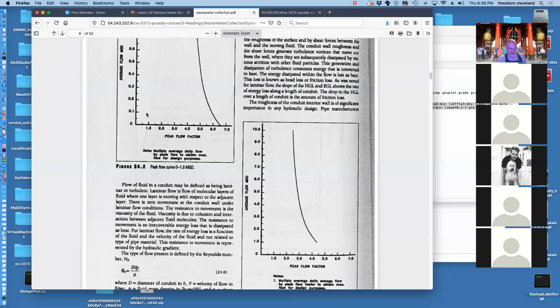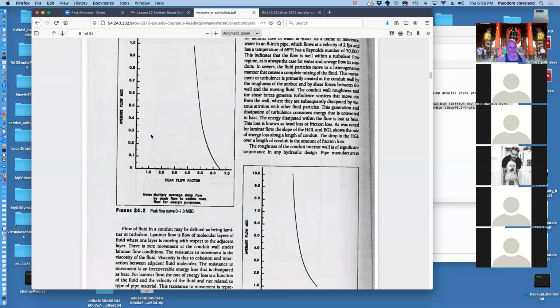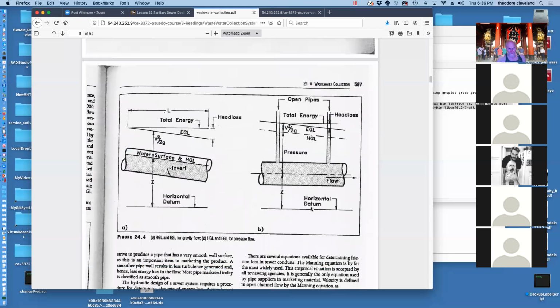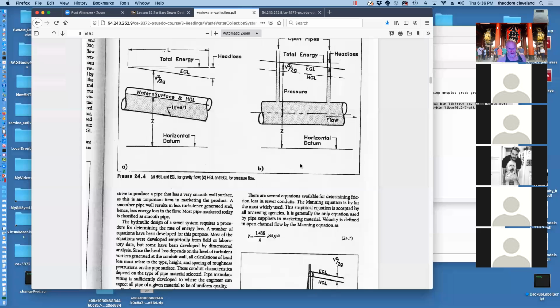Here's an example of a peak flow multiplier based on average flow, and again, for less than and greater than 1 million gallons per day. It has a graphical presentation of an open sewer, not open to the atmosphere, but with a free surface.